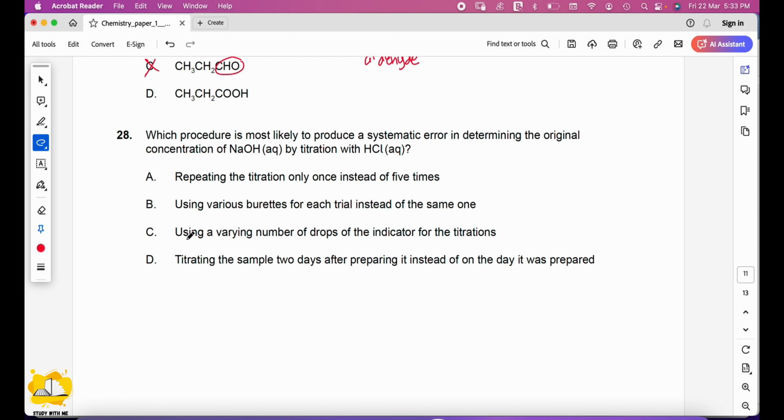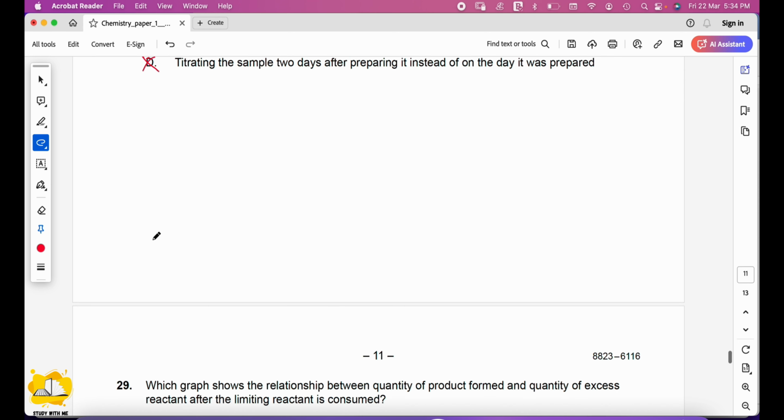But look, if you check the answers from these four, titrating this sample 2 days after preparing it instead of on the day it was prepared most likely will produce a systematic error because it's not fresh enough. So you need to titrate it directly once you prepare the solution. So D is definitely the answer.